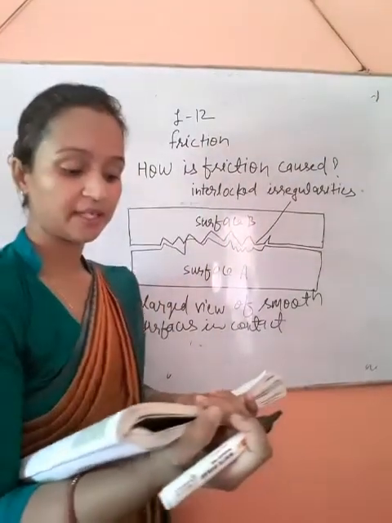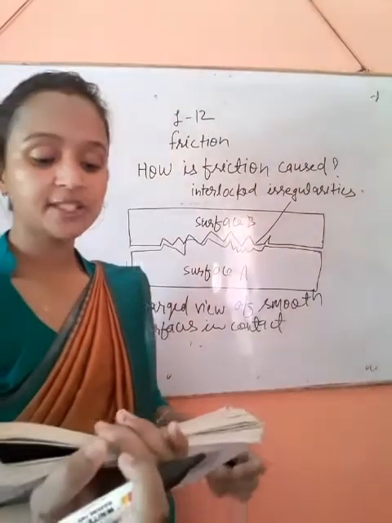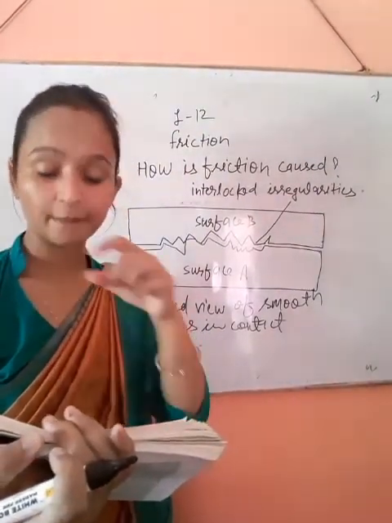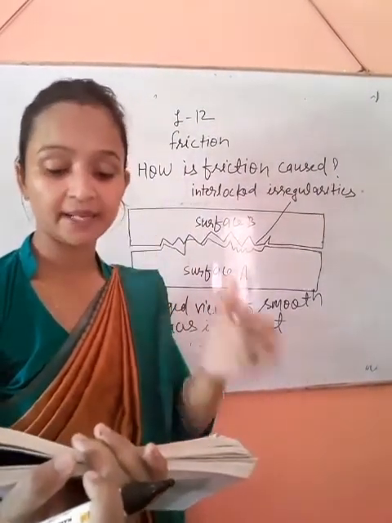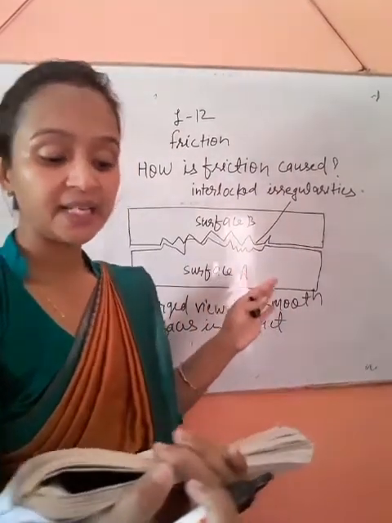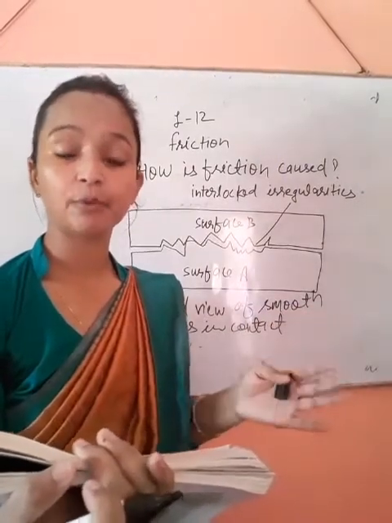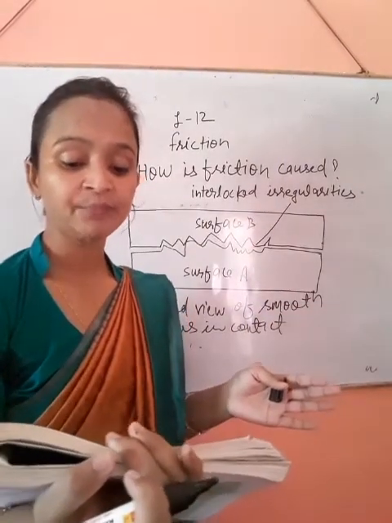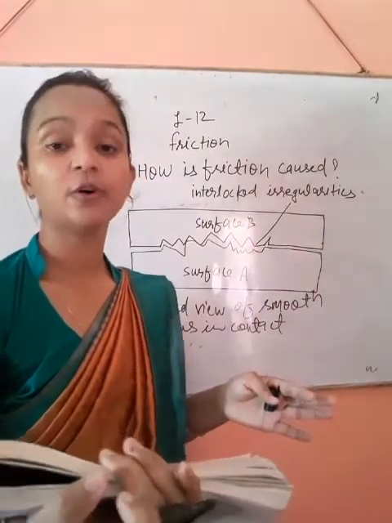When a force is applied on one body to slide it upon another body, the interlocked irregularities oppose the force applied, and this appears to us in the form of friction.